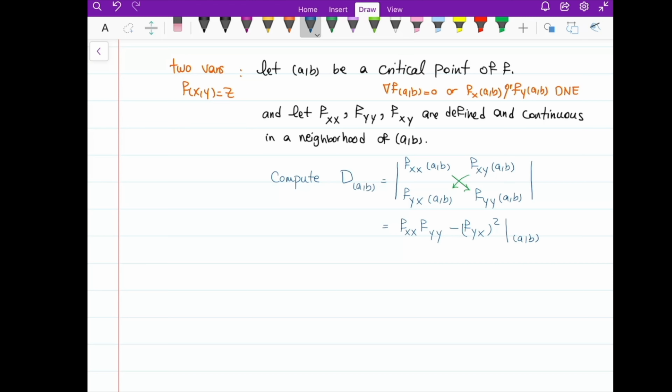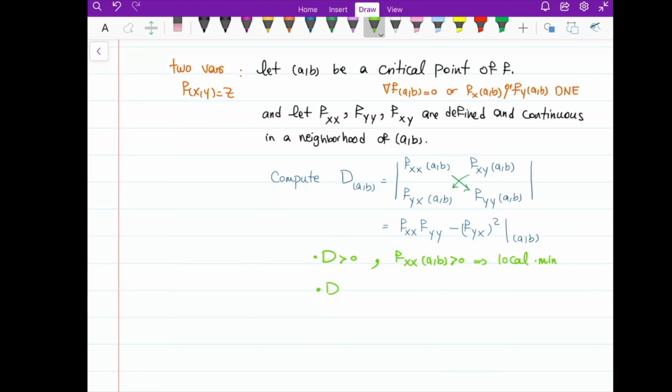Now the situations are like this. If D is positive and fxx at the point A, B is positive, then we have a local min. So the point A, B is a local min.